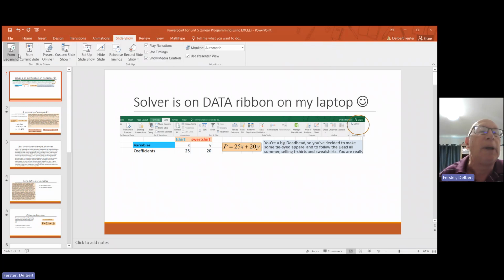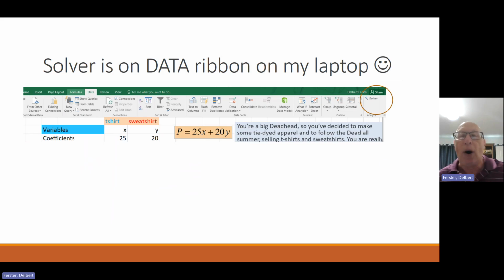All right, from the beginning. First of all, I tried to tell you this in the last video, and I'm not sure it came across very well, so I put a slide in here. This is the reference point for that last problem where we were in Excel, and I don't want any confusion in terms of where you actually locate your Solver capabilities once you've opened Excel. On the laptop that I'm using to shoot these videos, apparently when I added Solver, it put it on my Data tab.